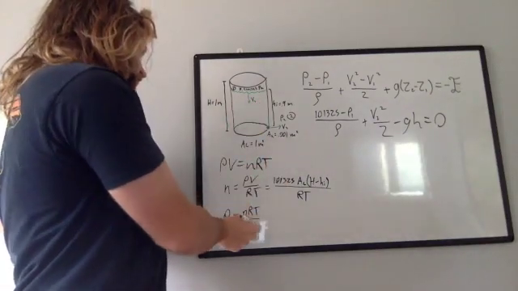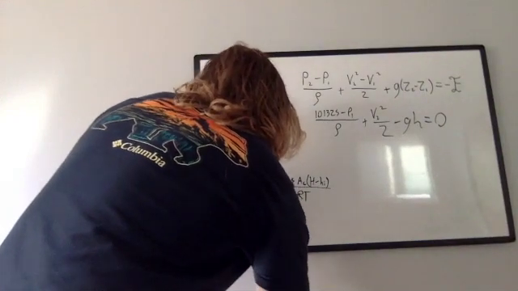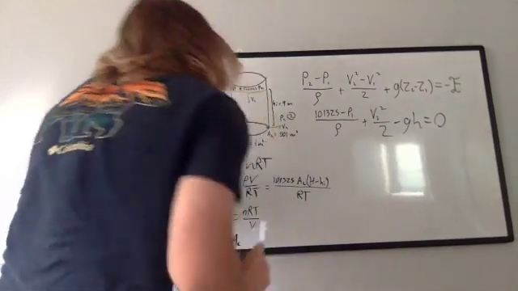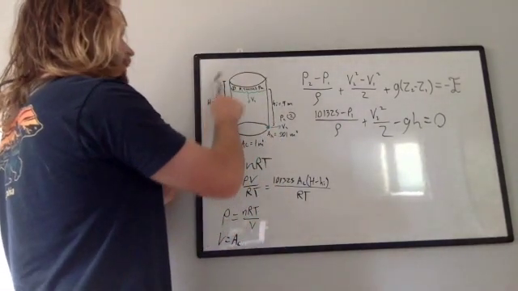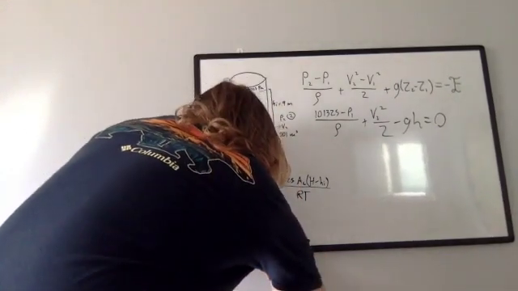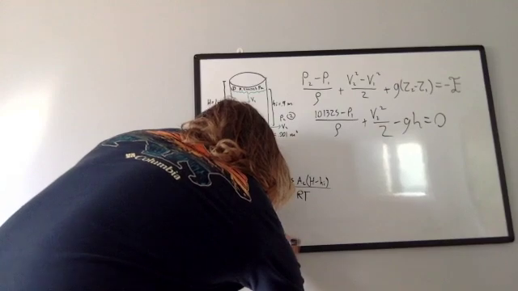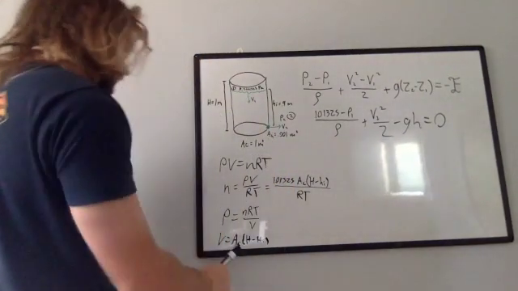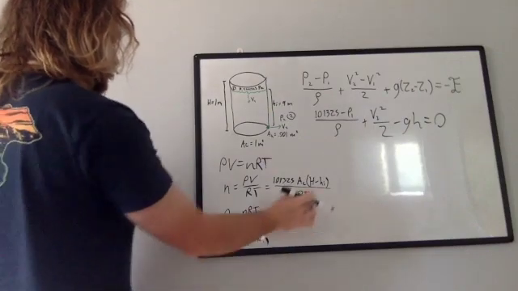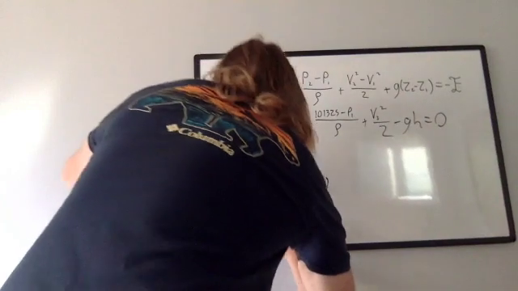We already solved for this. We know that volume is going to be equal to our cross-sectional area multiplied by the difference in height of the cylinder minus the height of the fluid, H minus HI down here. And we can go ahead and plug this V in down here. We can plug this expression in for V, and we can plug this expression in for N right here. So we'll go ahead and do that.